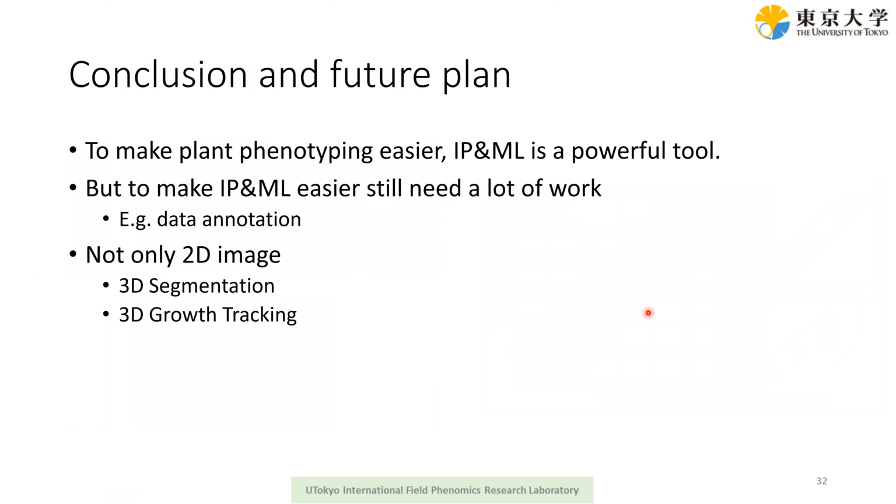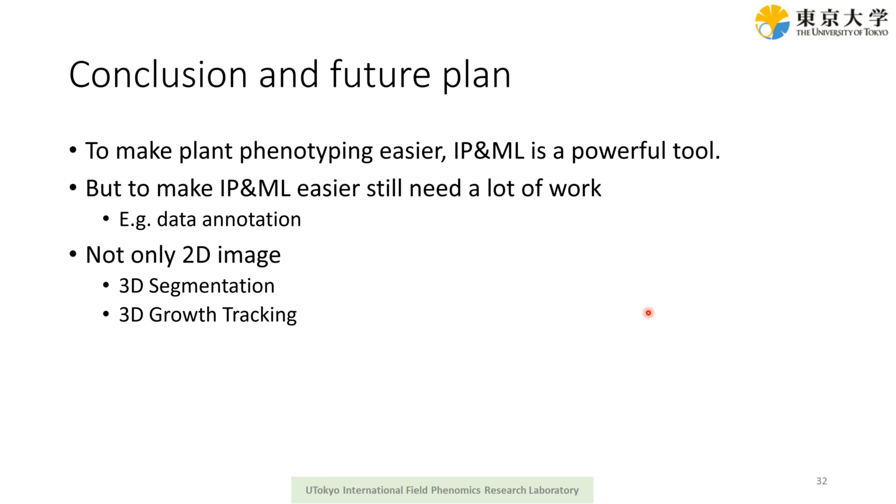So I have to say, to make plant phenotyping easier, we all believe that image processing and machine learning is a very powerful tool, but we still have to do a lot of work in order to make this image processing and machine learning easier than before. For example, as I presented previously, data annotation is still a very tough task at this moment.